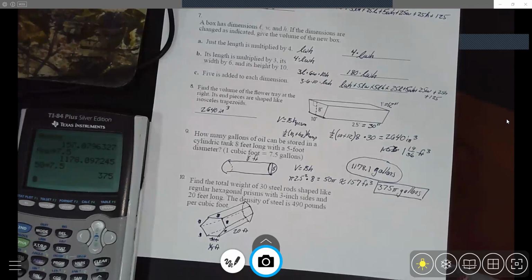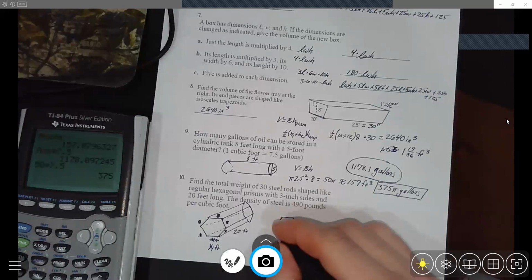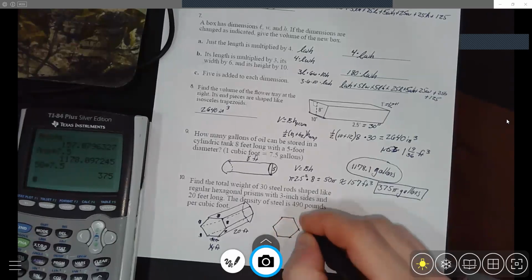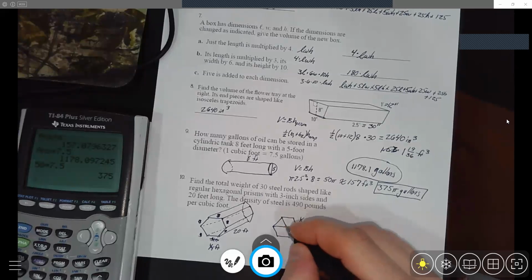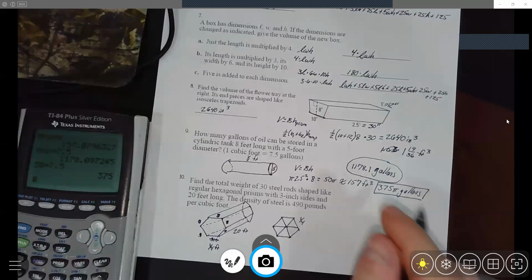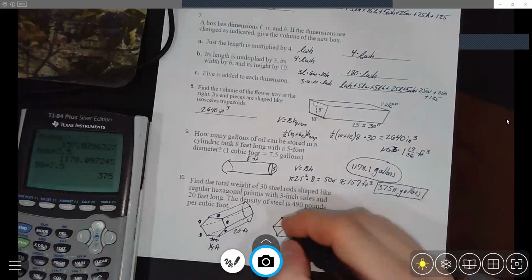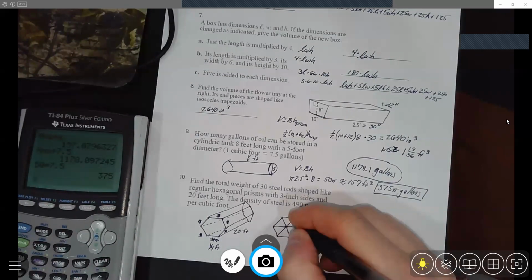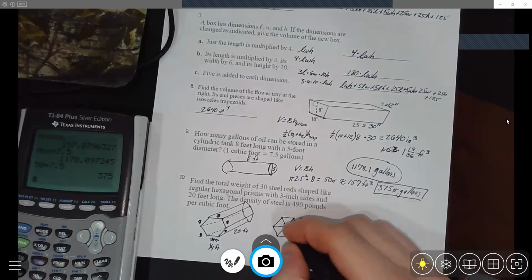All right, so the key here, looking at your hexagonal base, this is 1/4. Let's look at this as 6 triangles. Because you can draw a circle in the middle, and there's 6 of them, 360 divided by 6 is 60.